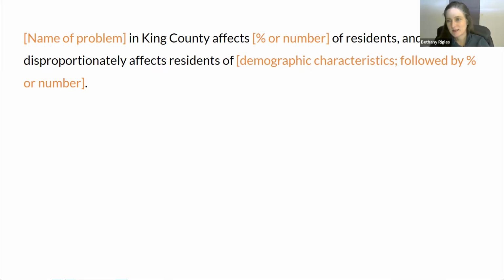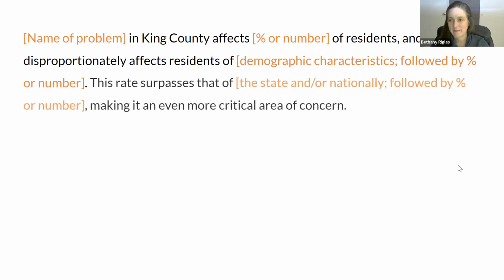Araceli, would you put the next sentence up? Thanks. So this rate surpasses that of, could we say the state or nationally? Halitosis is new to me, so what do other people think?